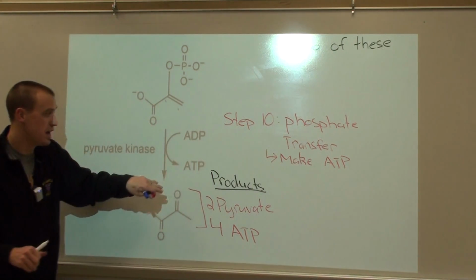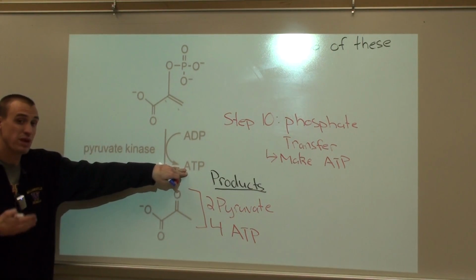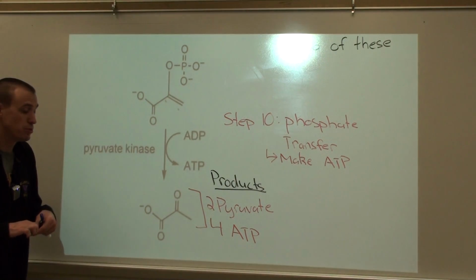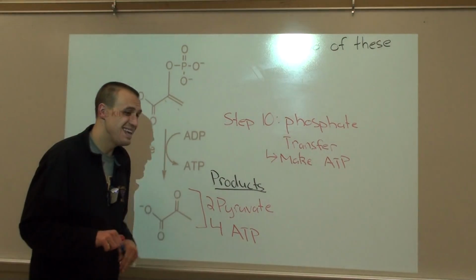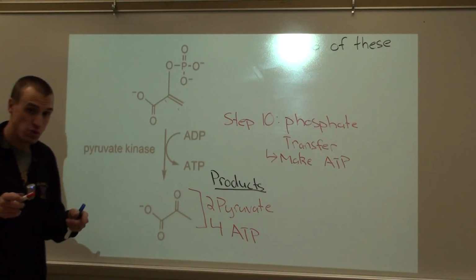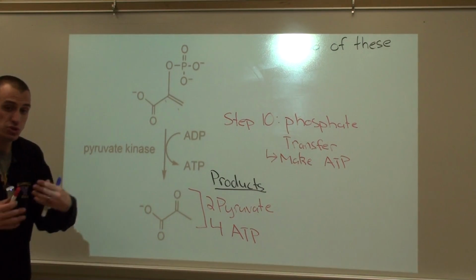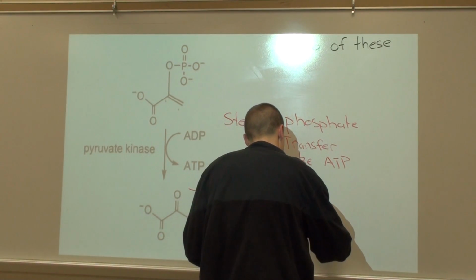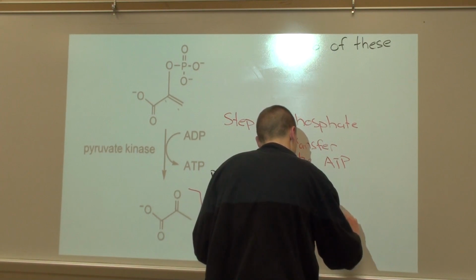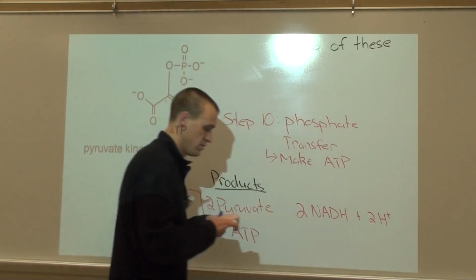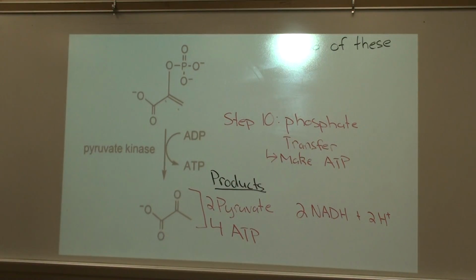Remember, we had 2 steps that produced ATP, but we have to double the amount because we started out with double the amount in this energy producing stage. And in addition, we've also produced 2 NADH and 2 H+ molecules. And that was from step number 6, where that was produced.